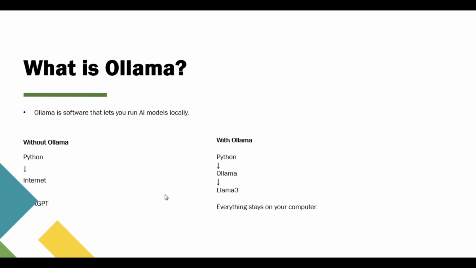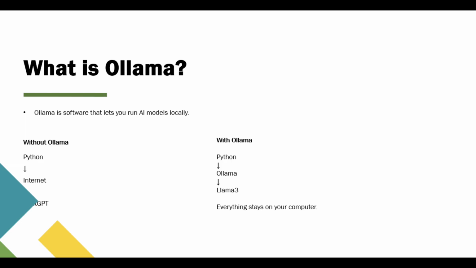What is Ollama? Ollama is software that allows you to run large language models locally on your computer. Instead of sending data to a cloud server, everything runs on your own machine.